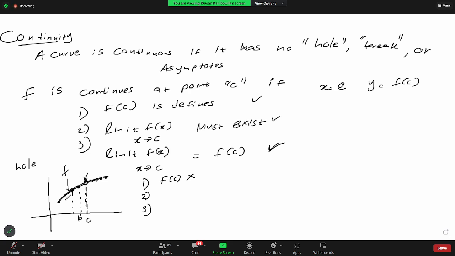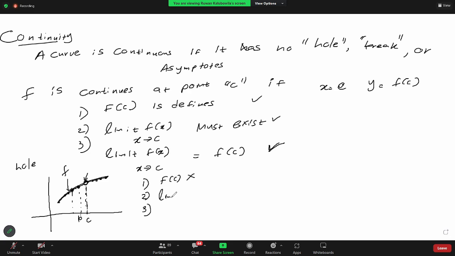There is a hole, according to my graph, you can see it, right? So the first statement is not true, that means false, right? So we don't need to find out the others. That means this one is not continuous at the point C, but let's take the others.